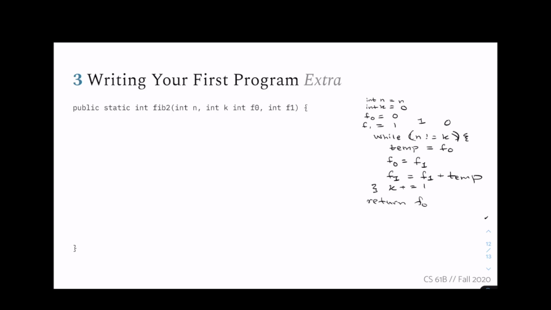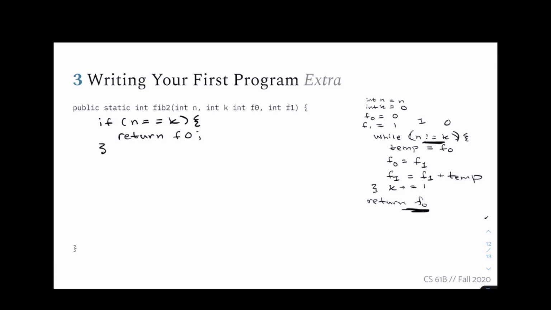So what this means is our base case is going to be the opposite of this condition, which is instead of n is not equal to k, we say if n is equal to k, then we stop doing any more recursive calls. And what do we return? Well, we return f0, like we figured out before. Okay, that's great.